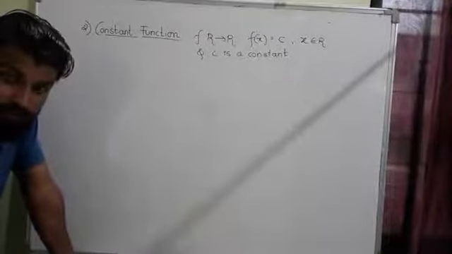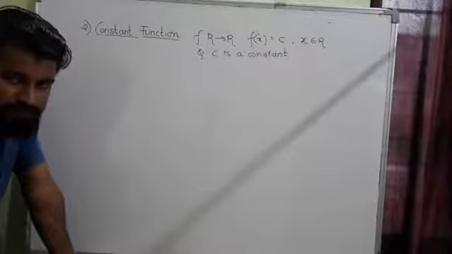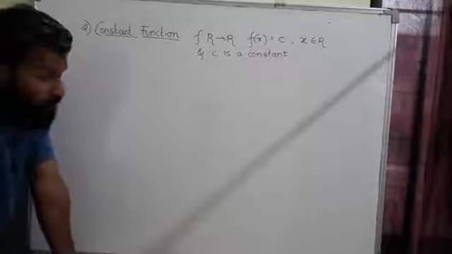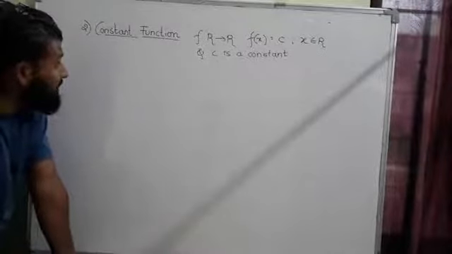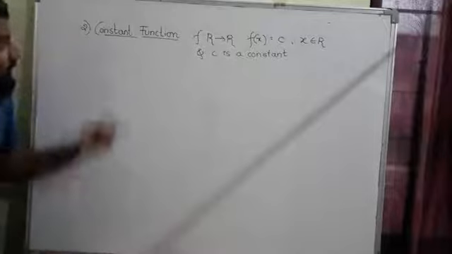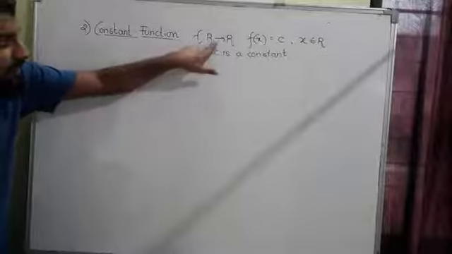In the previous video we started with some important functions and their graphs, and we were writing domain and range for the functions. Today we will see the next function, that is the constant function, as you can see on the board. The constant function means, again, the function is from real number to real number.